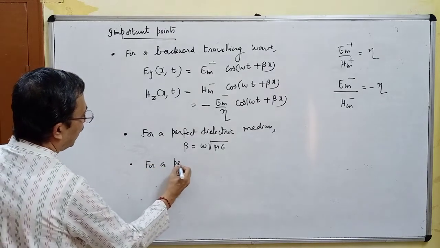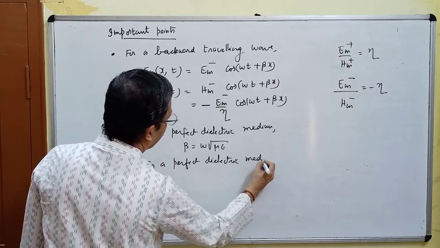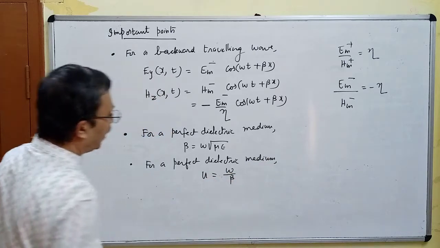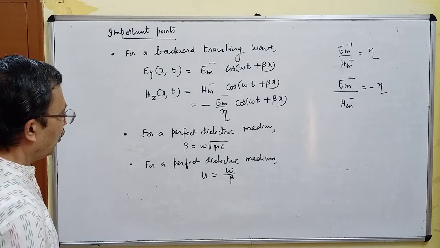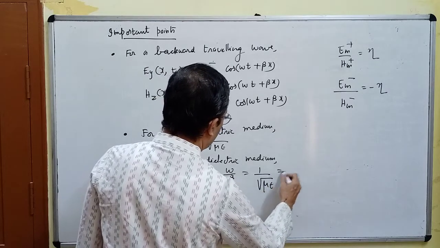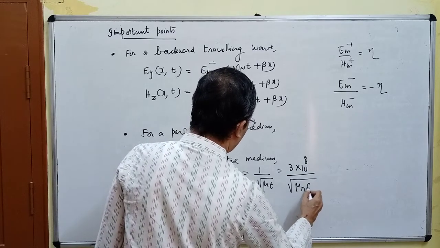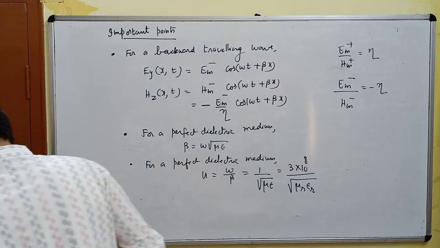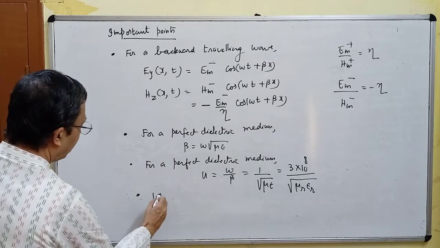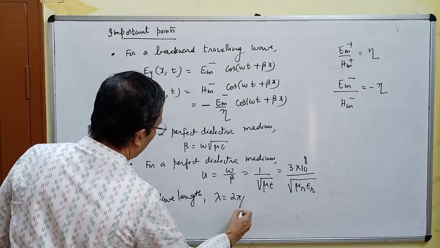For a perfect dielectric medium, velocity of propagation u is equal to omega by beta, which is equal to 1 over root of mu epsilon, which is equal to 3 into 10 to the power 8 divided by root of mu r into epsilon r. What is wavelength? Wavelength lambda is equal to 2 pi divided by beta.